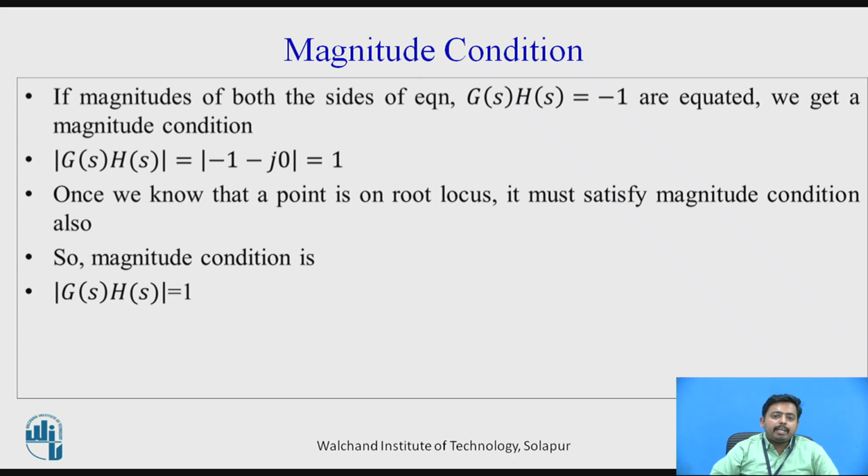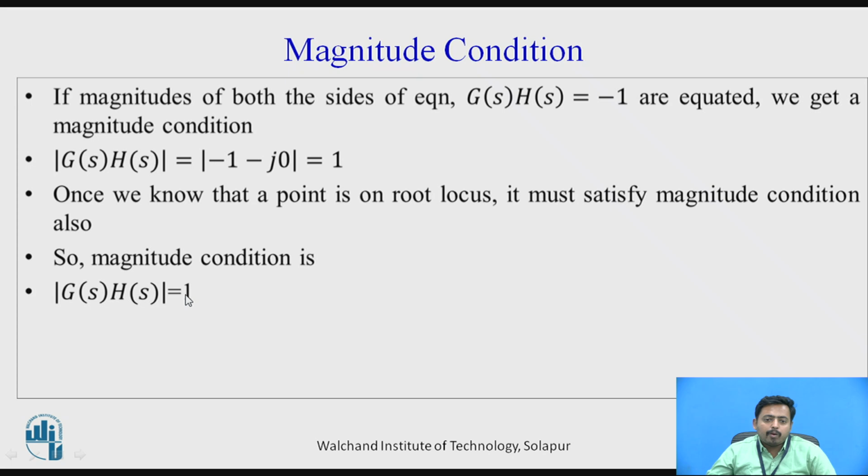Similarly, if the magnitudes of both sides of the equation g of s into h of s is equal to minus 1 are equated, we get the magnitude of g of s into h of s is equal to the magnitude of minus 1 minus j0, which is equal to 1. So the magnitude condition says that the magnitude of this open loop equation, g of s into h of s, is equal to 1.